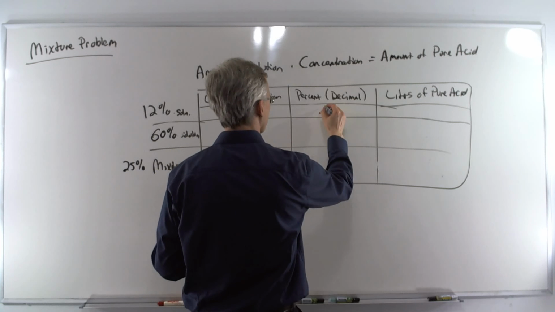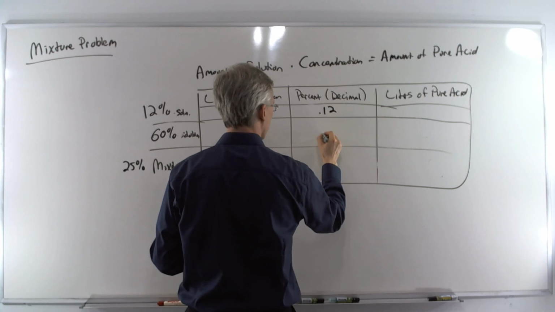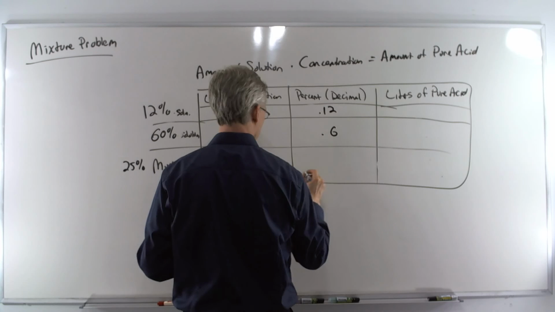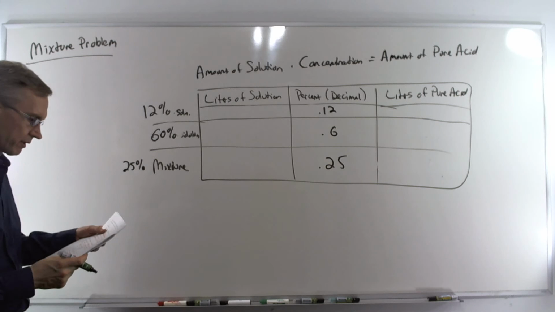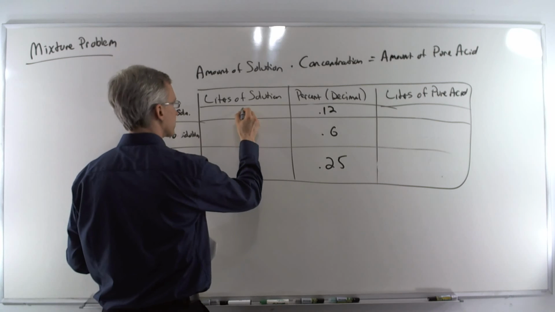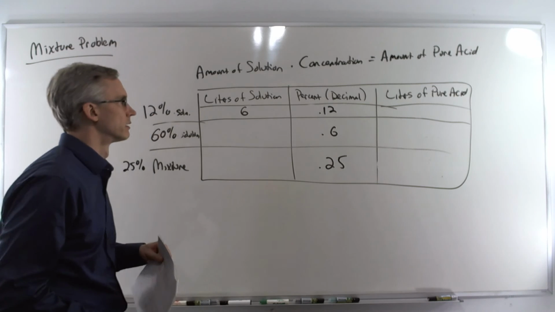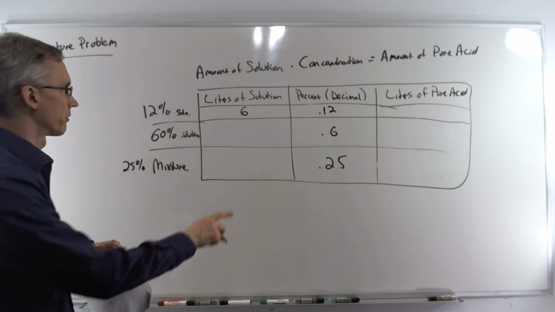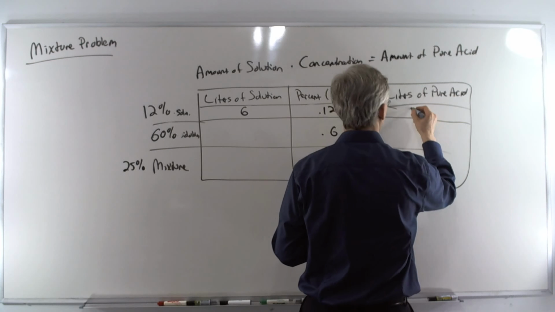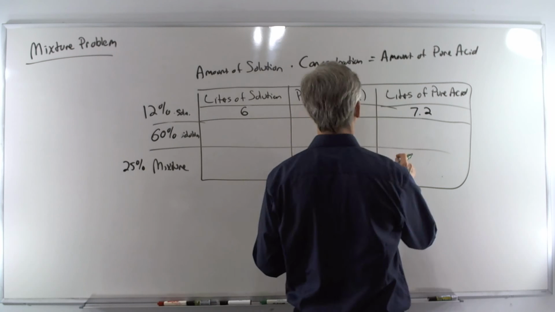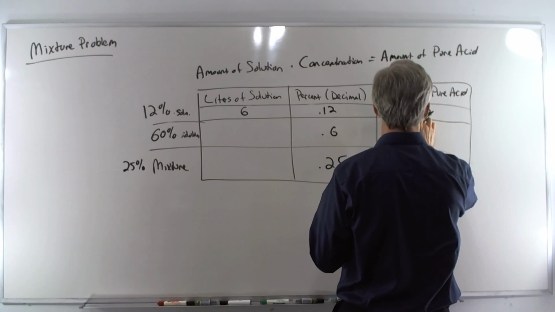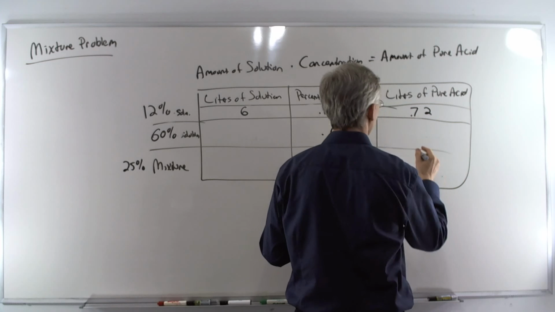We got 12%, that's 0.12. 60%, that's 0.6. 25%, 0.25. We're given that we have 6 liters of the 12%. All right, now we can multiply across. Gives us 0.72 there.